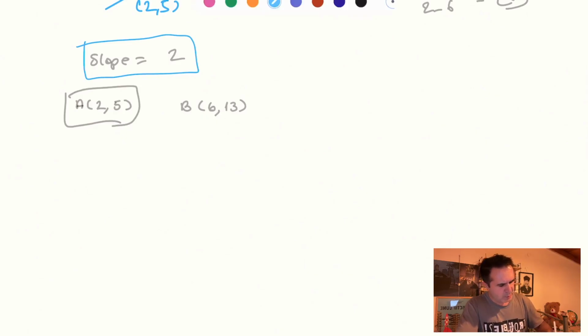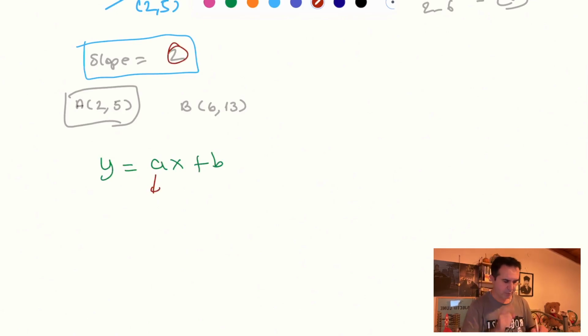The equation will be like that: y equals ax plus b, and a is the slope. We have found the slope as 2. Put it here, and our point is x is 2 and y is 5. So put 2 for x and 5 for y.